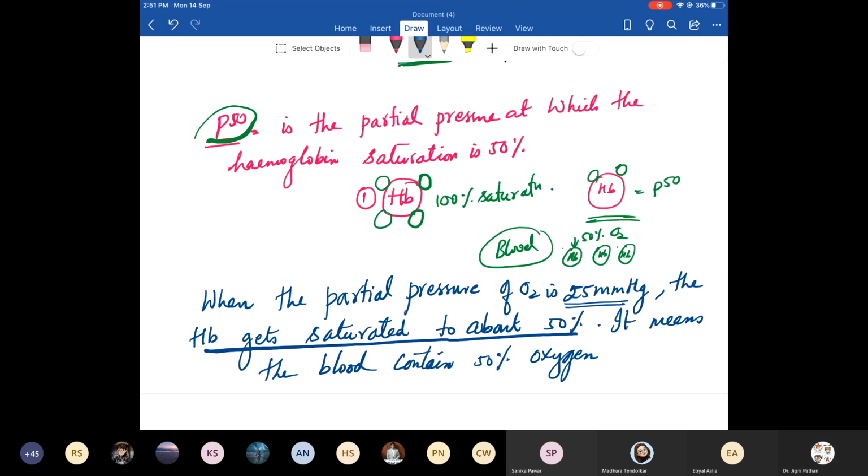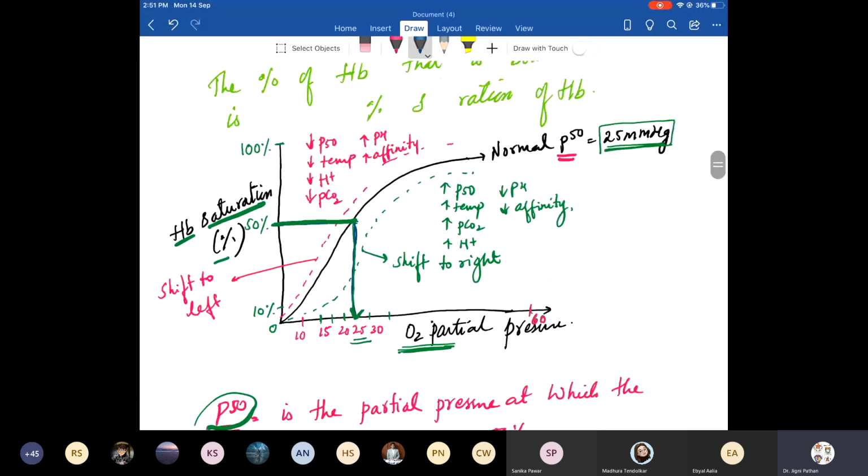Hemoglobin gets saturated to about 50% when the partial pressure of oxygen is 25 mmHg.